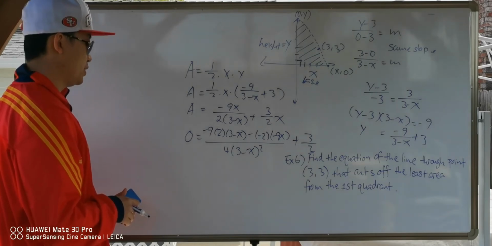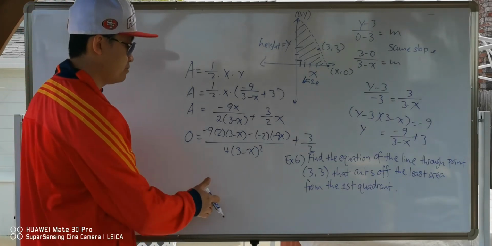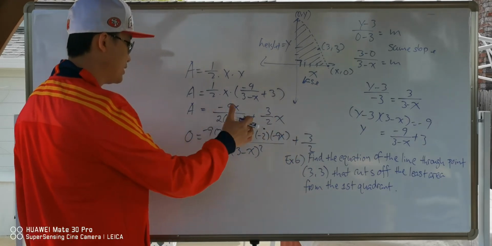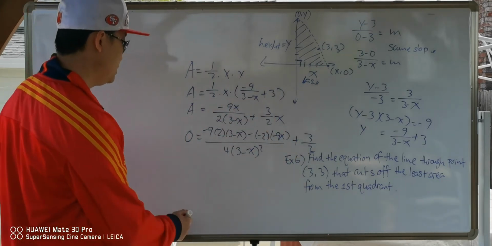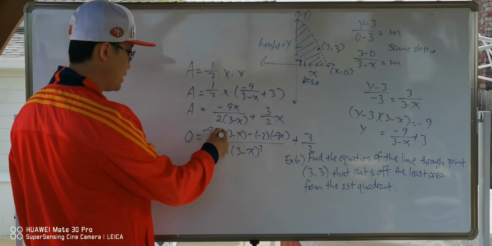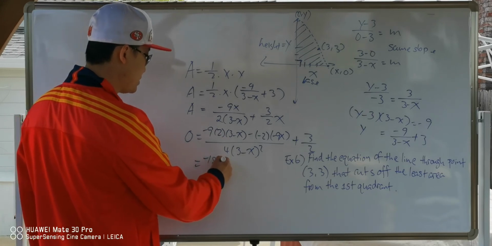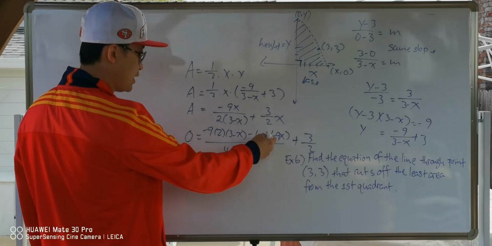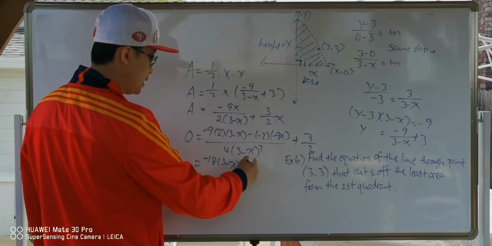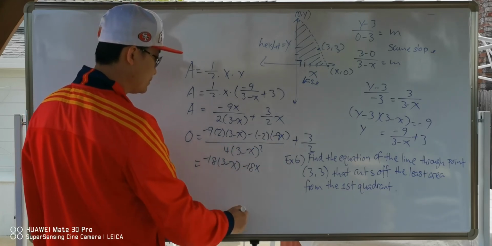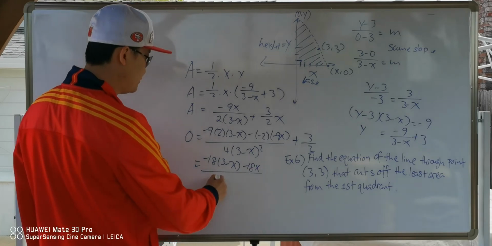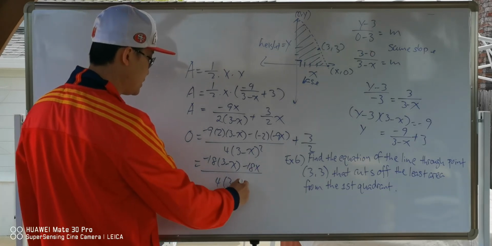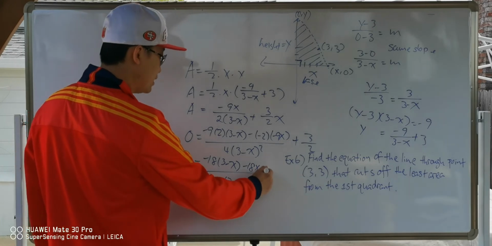The way to find the value of x, we want to combine this together, and then set the numerator equal to 0. So let's simplify this a little bit. We got negative 18 times 3 minus x, and then negative, negative, negative, so 3 negatives, so we do have minus 18x. So that's all over 4 times the quantity of 3 minus x squared, and then plus 3/2.